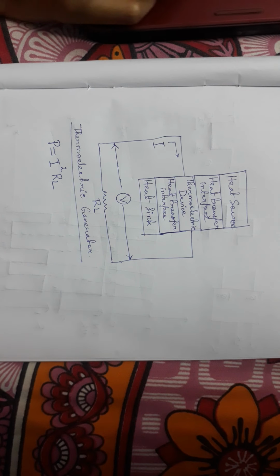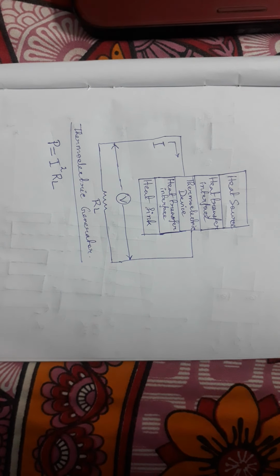Now the current produced by this thermoelectric power generation is DC in nature. If we want to convert this power into AC, then we have to connect inverters. And if we want to step up the voltage level, then we have to connect a transformer.